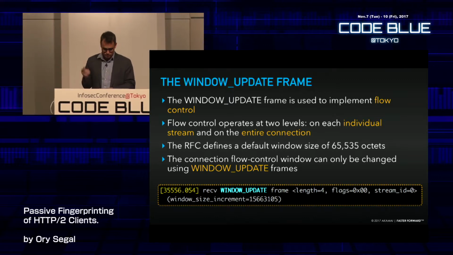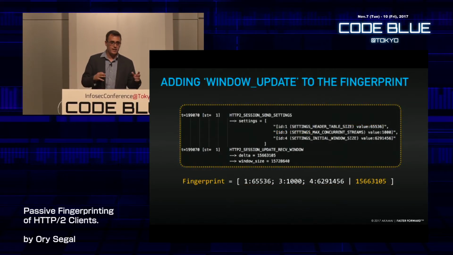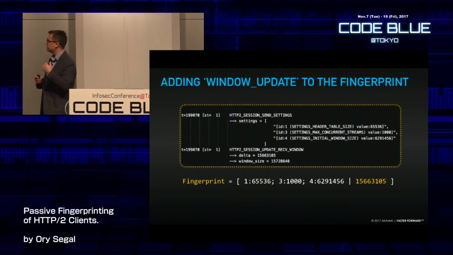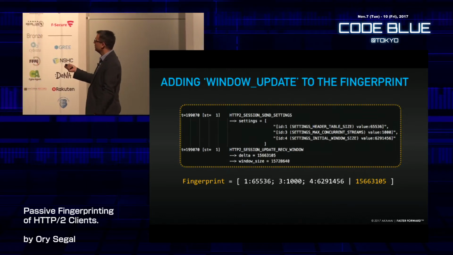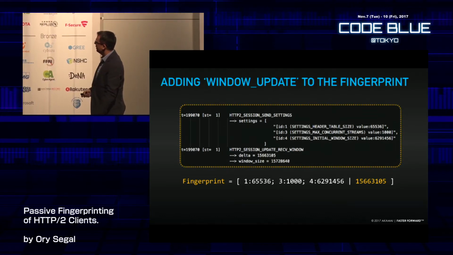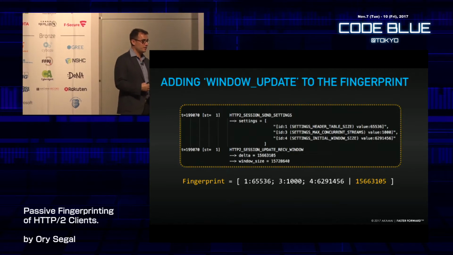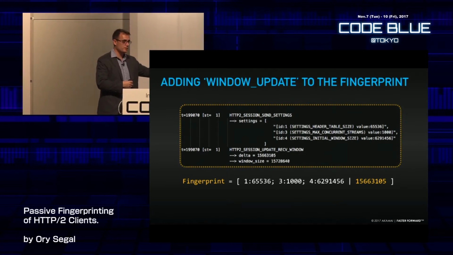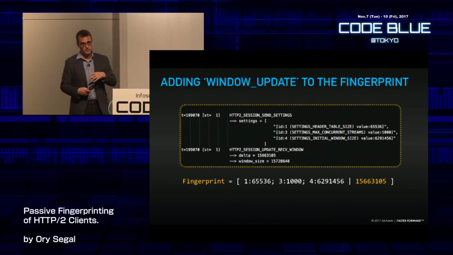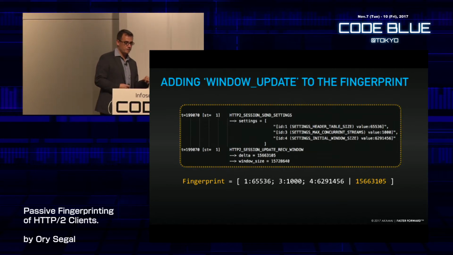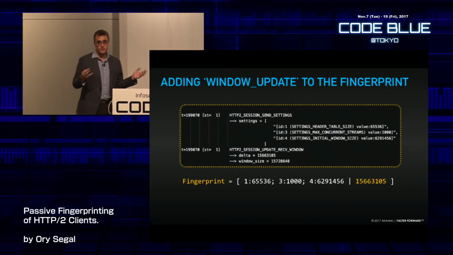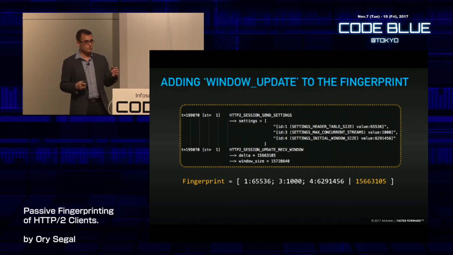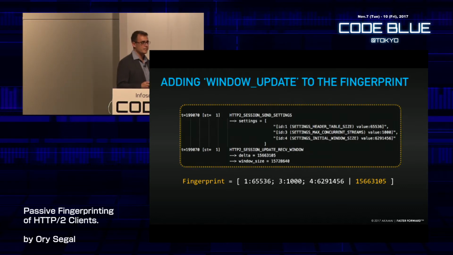So how do we add that to the fingerprint that I talked about earlier? Very simple. We use a pipe character, and we add the value after the settings. So we have the settings first, pipe, the window update. If the window update is not sent, we just write 0 instead.